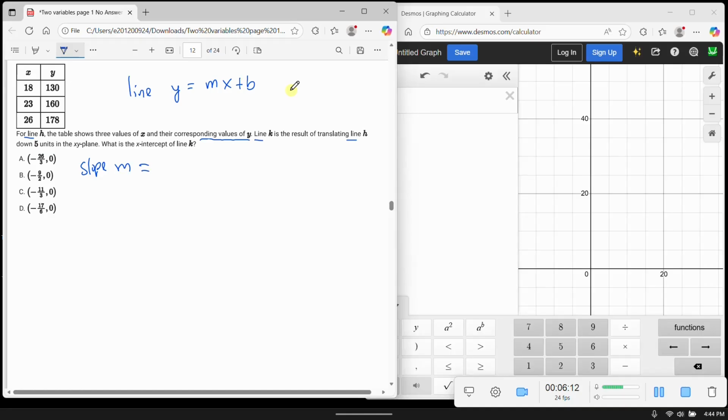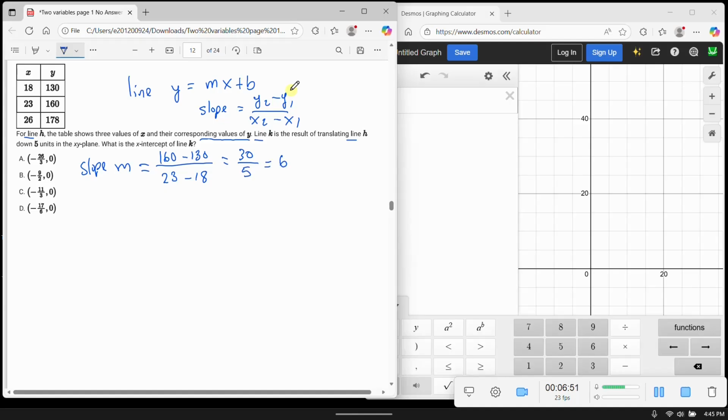Here I can use 160 minus 130 divided by 23 minus 18. Where did I get them from? The slope is y2 minus y1 over x2 minus x1. You can even do 178 minus 160 over 26 minus 23. The answer is exactly the same. The numerator is 30, the bottom is 5, so the answer is 6.